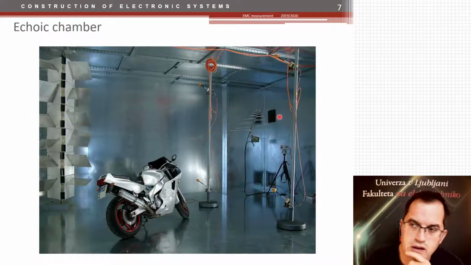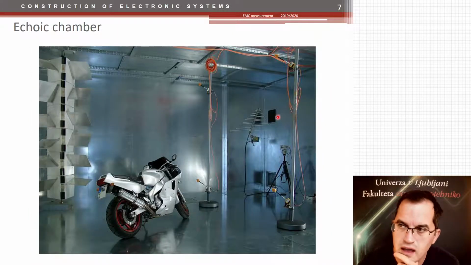We also have echoic chambers, which are the opposite. All the walls are reflective. So when you measure some noise from a device under test, in this case a motorbike, what you can see here is that we have some strange features in the corners of such a room, and the reason is that we get a standing electromagnetic wave in such an echoic chamber.